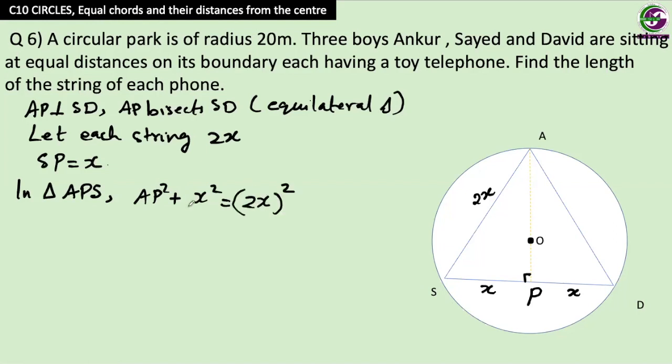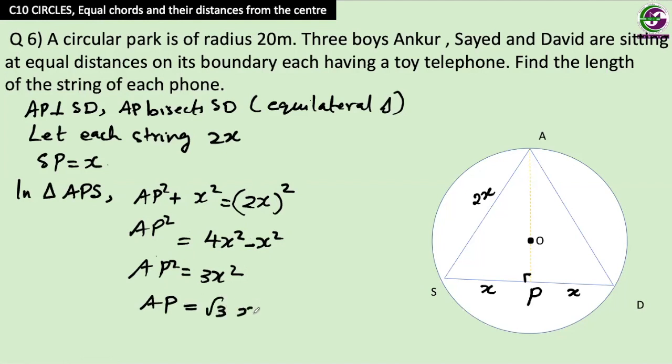It is the hypotenuse. Or we get AP square is equal to 4x square minus x square, or AP square is equal to 3x square. Or finally, when you take square root on both the sides, we'll get square root 3x. That is AP. The whole AP is root 3x.